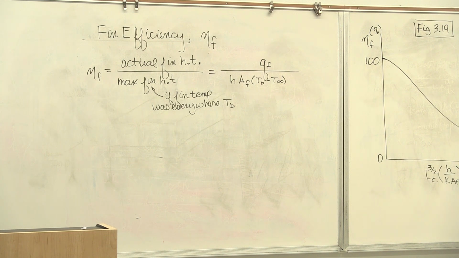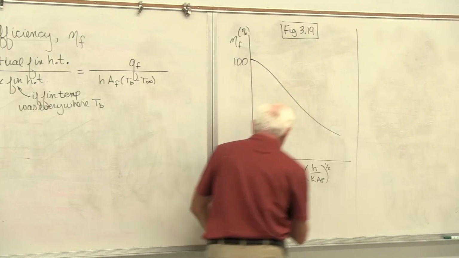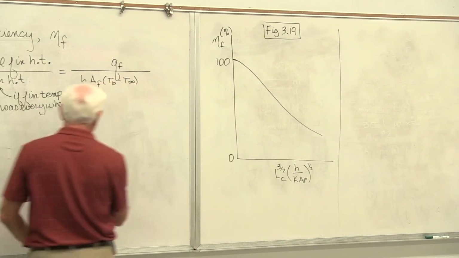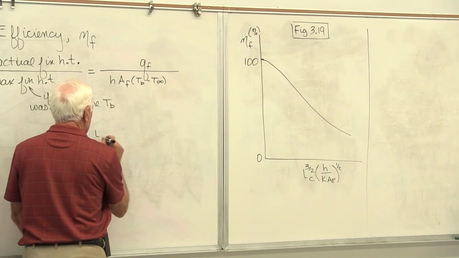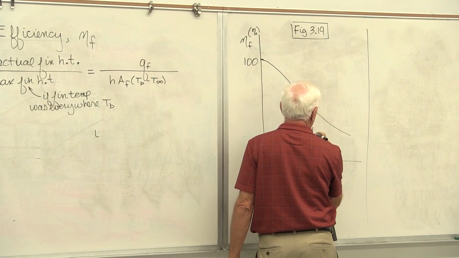Okay, let's talk about the variables in there. We know what h is, we know what k is. Let's look at L sub c. Let's put it over here. This is how this fin looks.